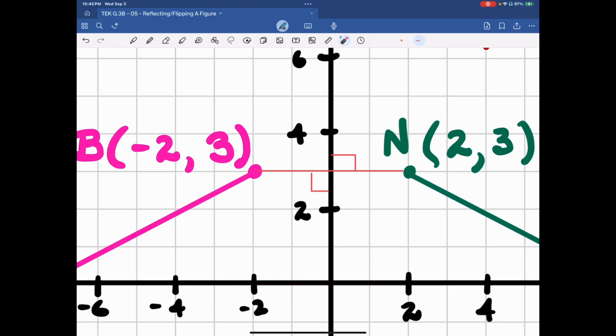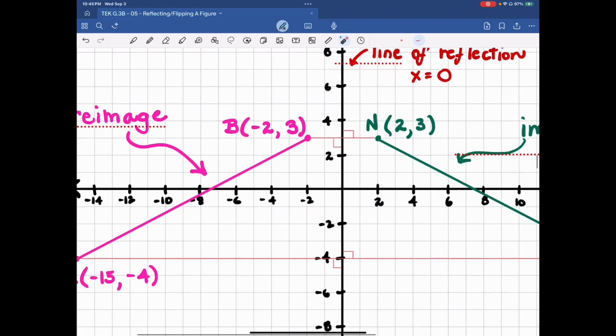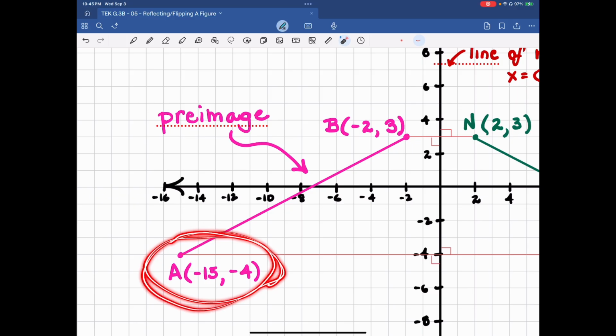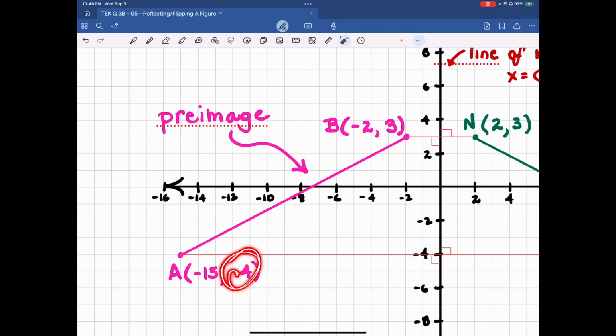So if we take that same concept and apply it to this point right here, -15, -4, what would be the reflected point on the y-axis, or the x equals 0 line? Based upon what we did up here, we know that the -4 is going to stay the same.